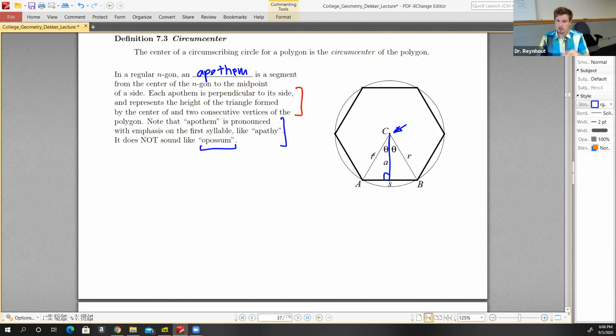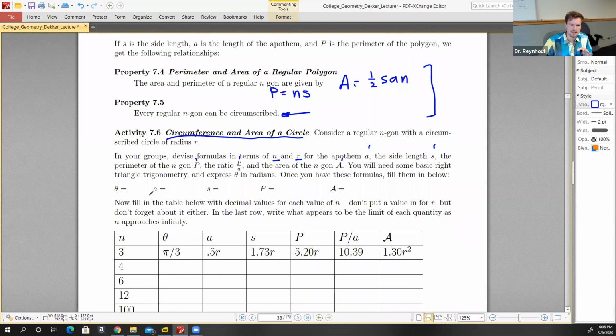That's 2n of these thetas. So we have that 2 pi equals 2n of the thetas. Divide by 2n, so 2 pi divided by 2n gives us theta, and pi over n is equal to theta. Excellent. So we can place that right here.